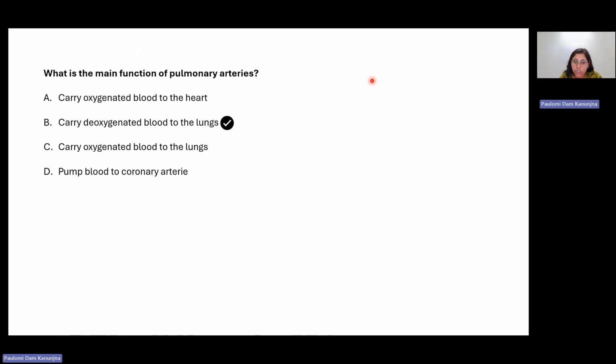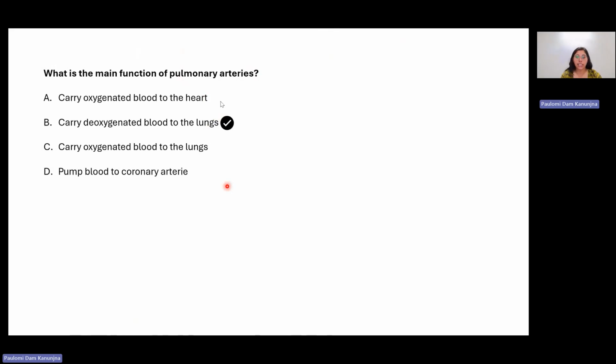They carry deoxygenated blood to the lungs. Pulmonary, lungs. Artery takes blood away from the heart to the lungs. Why would it do that? For the purification of blood. So that's for the deoxygenated blood. If you keep it in your mind as a story, as a flow chart, it becomes easy for you to answer these questions.